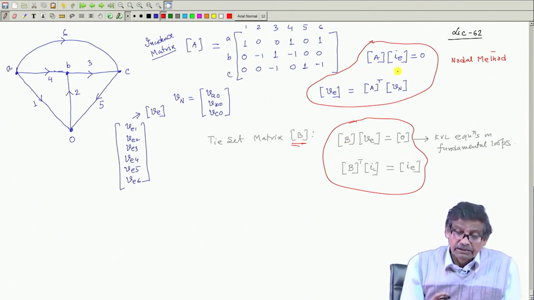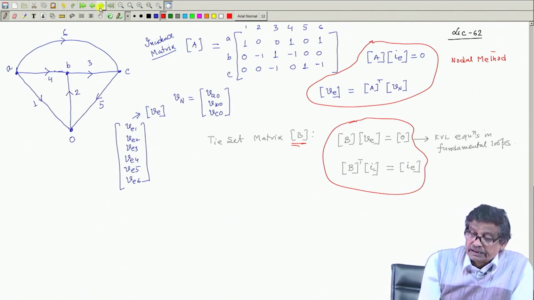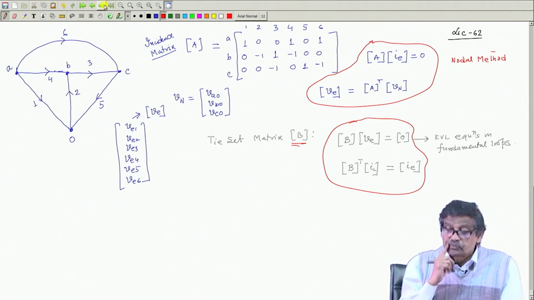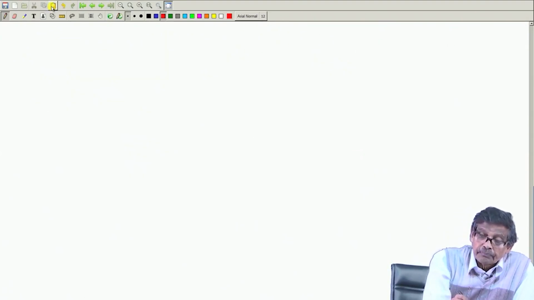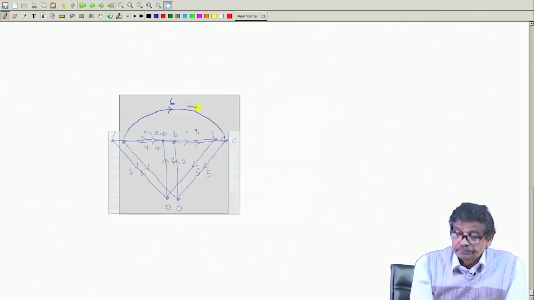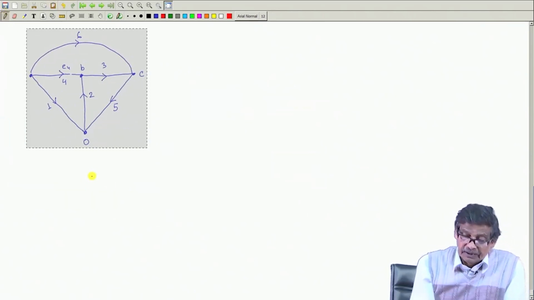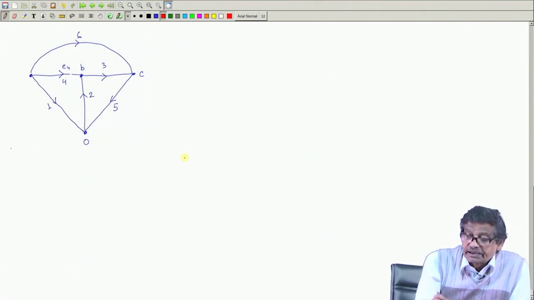Now, today what I am going to tell you is another matrix, that is called a cut set matrix. This is also very interesting.